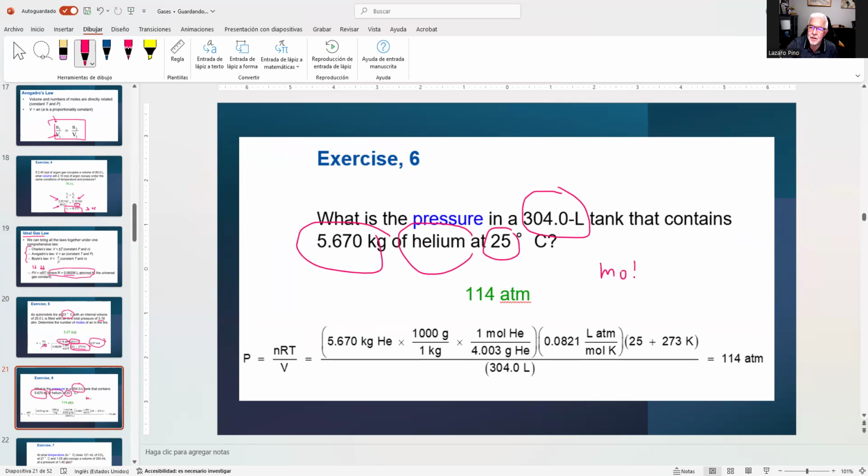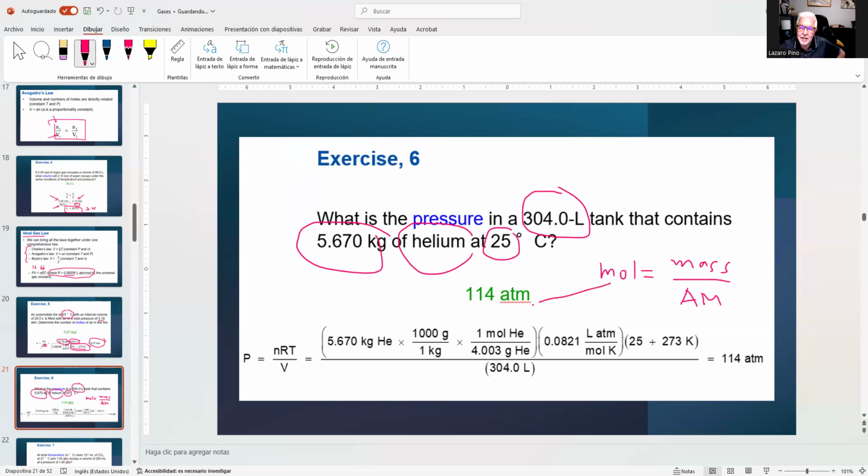What you have is mass, and you know that it is helium. Then you can calculate according to the atomic mass in the periodic table. You can divide the mass by the atomic mass in the periodic table, and you get moles.